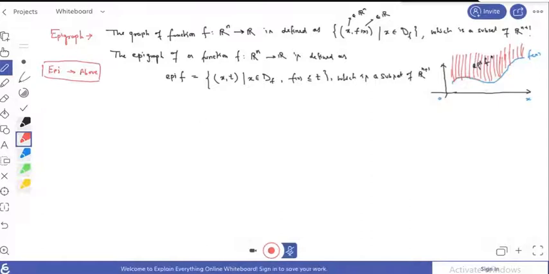By using this epigraph concept, we can say whether this function is convex or not. A function is convex if and only if its epigraph is a convex set. If the epigraph is a convex set, meaning this region is a convex set, then this function is a convex function.